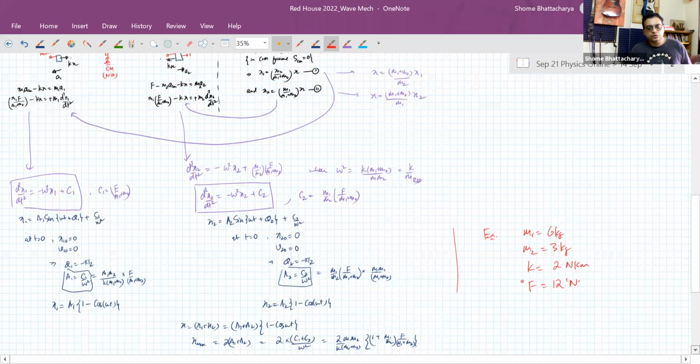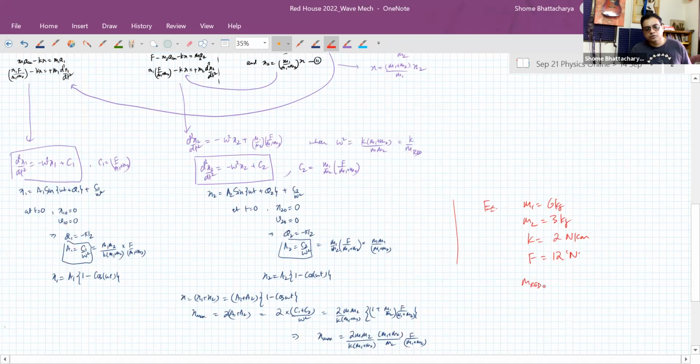So we would see that first of all, our reduced mass would come out to be 2 kilograms. So our omega square for the SHM would have come out to be K divided by reduced mass. So omega would be 10 radians per second.